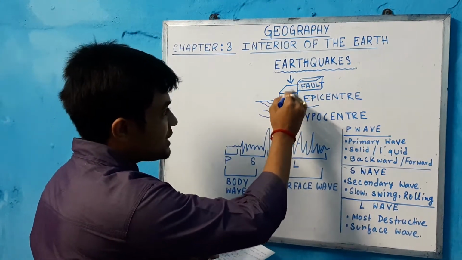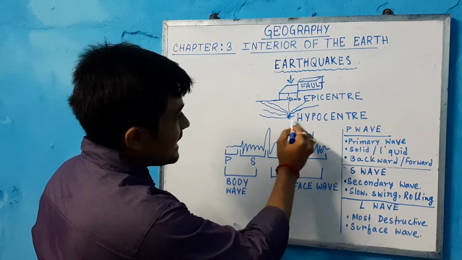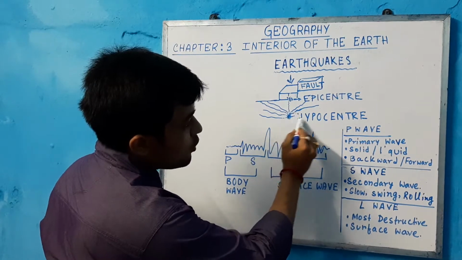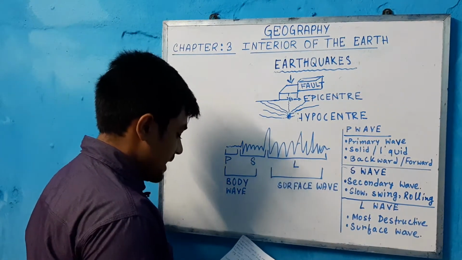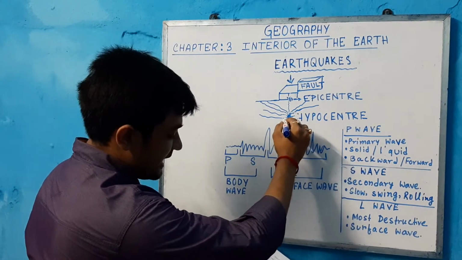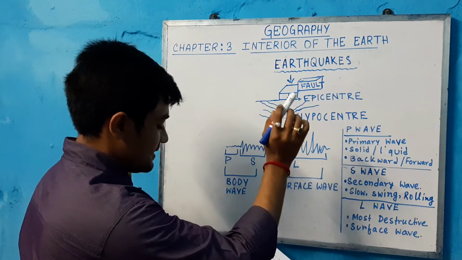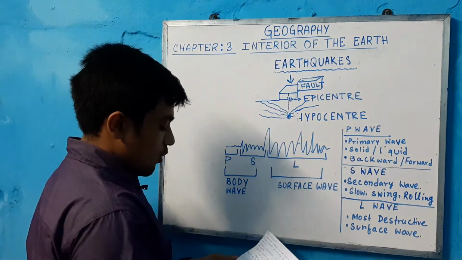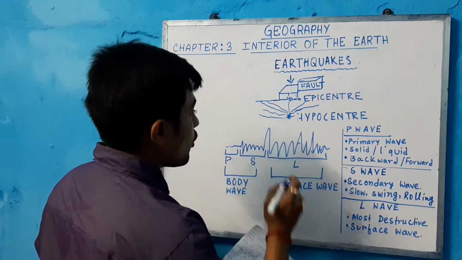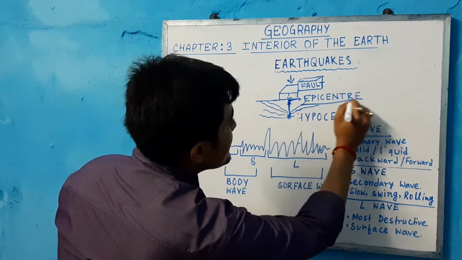Fault creates pressure, and that pressure releases the energy in a part. That part or that point is known as hypocenter, and then the energy wave travels in different directions and reaches the surface. The point on the surface nearest to the focus is called epicenter. The nearest point is called epicenter.